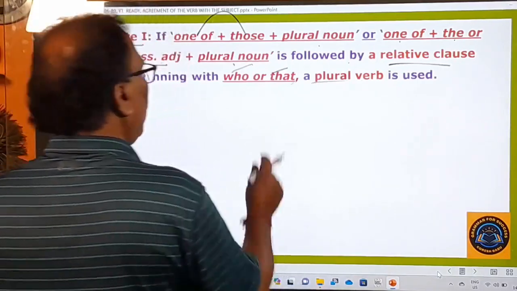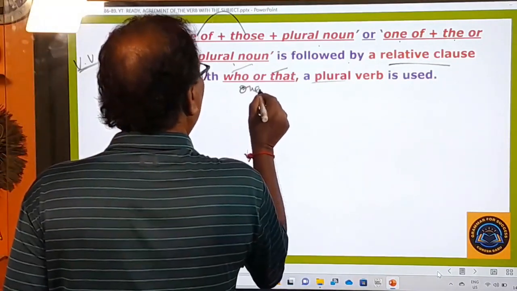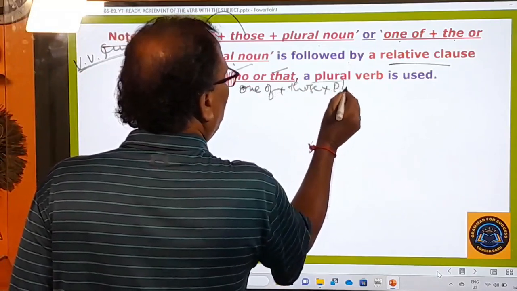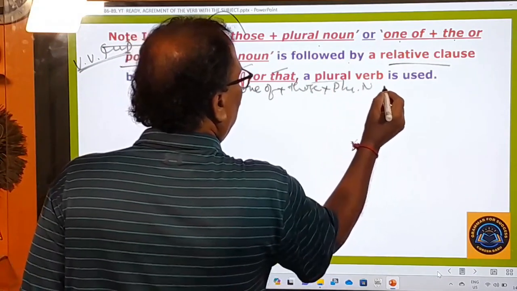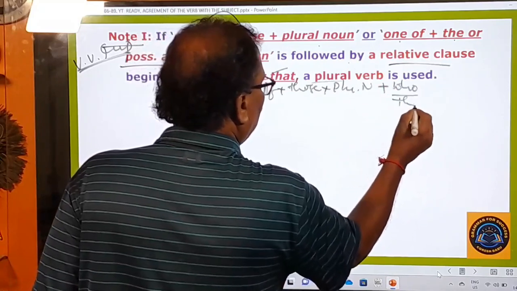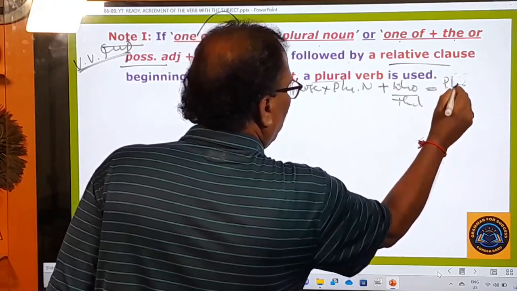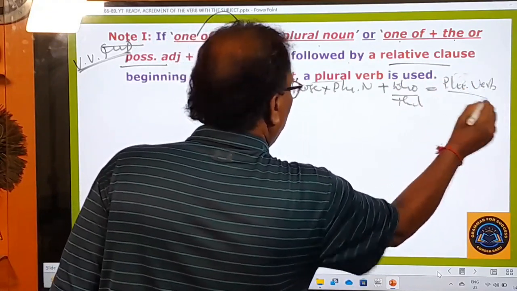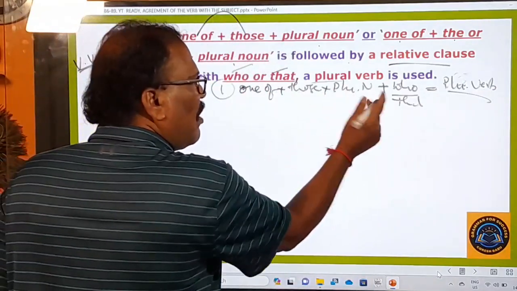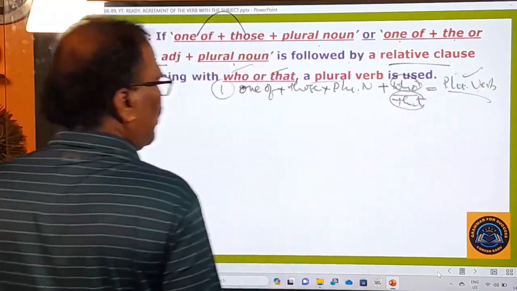Here I'll give you a diagram. Here you see that one of plus those plus plural noun is followed by who or that, then a plural verb must be used. This is one diagram. One of plus those plus plural noun followed by who or that, a plural verb must be used here, right?